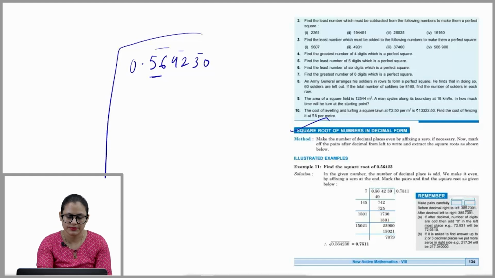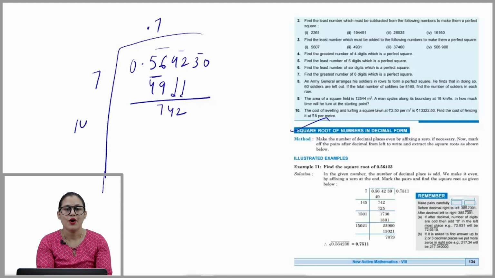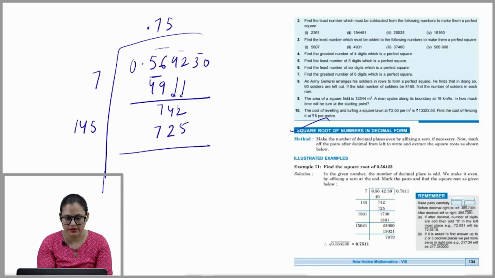So first we'll put a decimal. 7 7s are 49. 56 minus 49 is 7, then bring down 42. 7 plus 7 is 14, then 5. 5 5s are 25, 2 carry, 5 4s are 20, plus 2, 22, 2 carry, 5 1s are 5, plus 2, 7. 742 minus 725, 7 minus 5 is 2, 1.